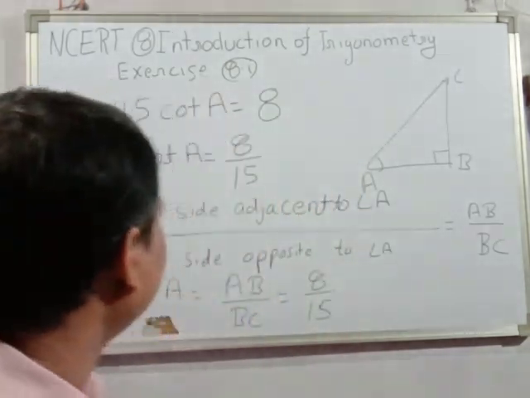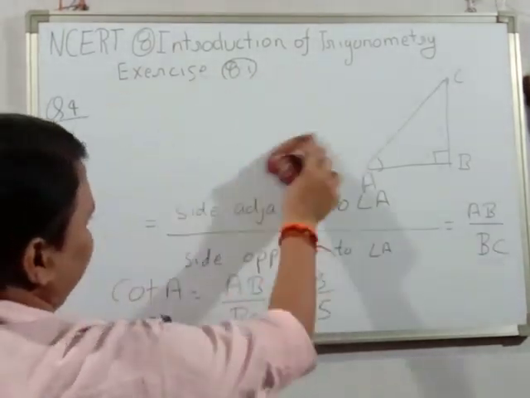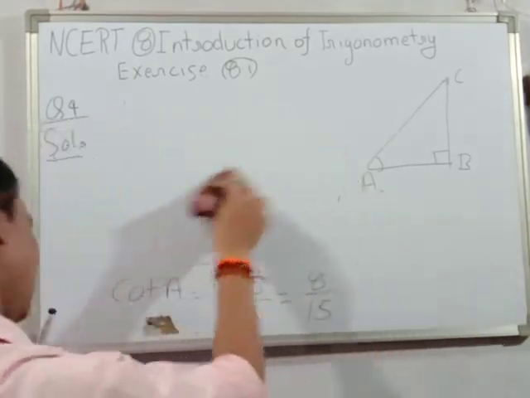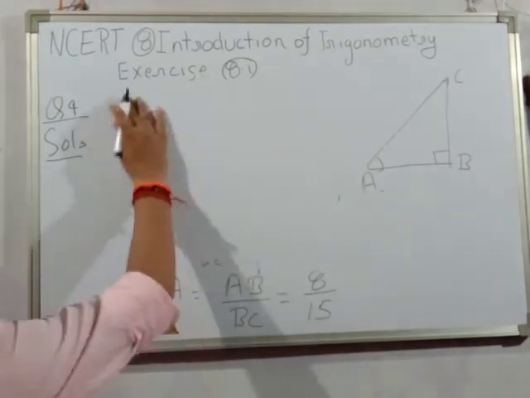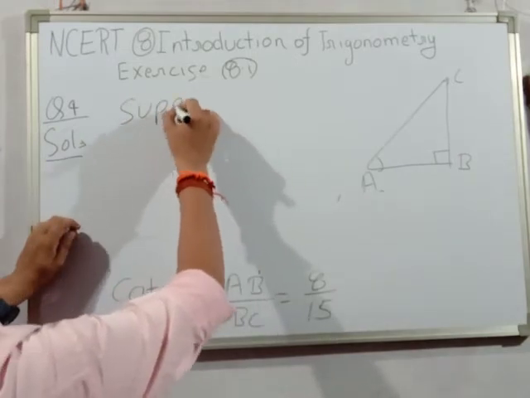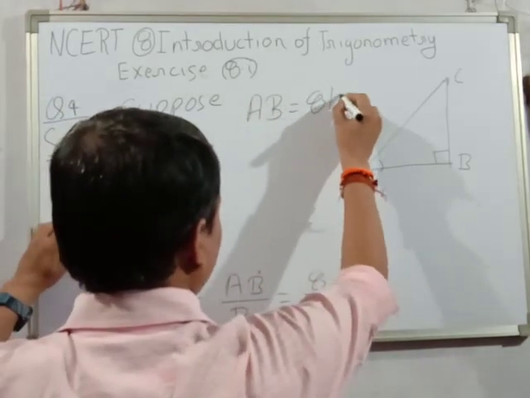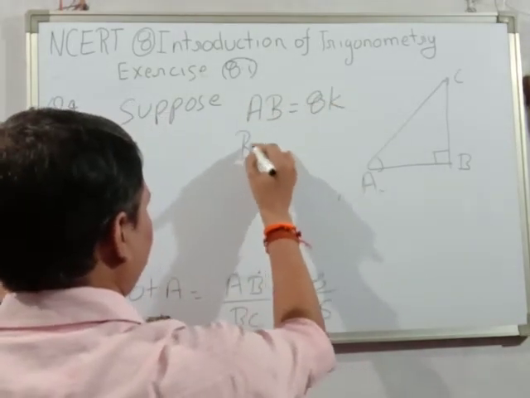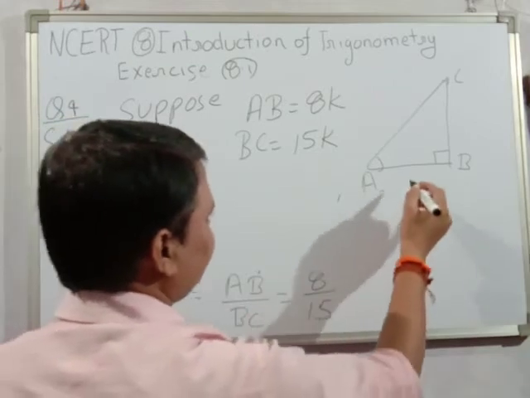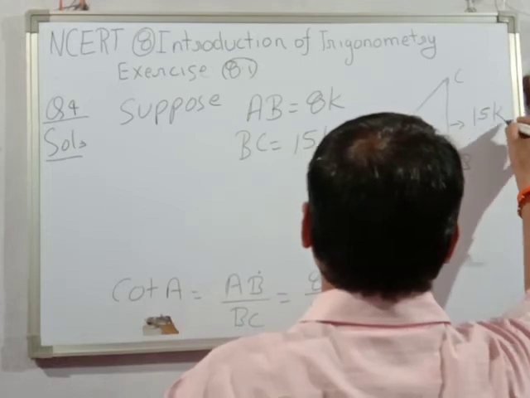Suppose AB is equal to 8k and BC is equal to 15k.